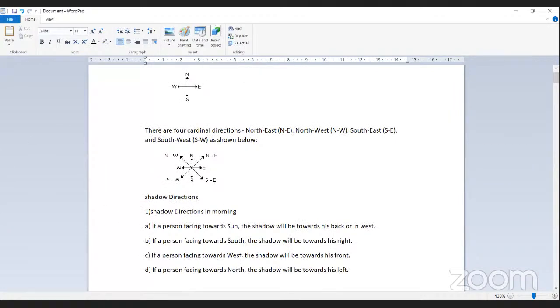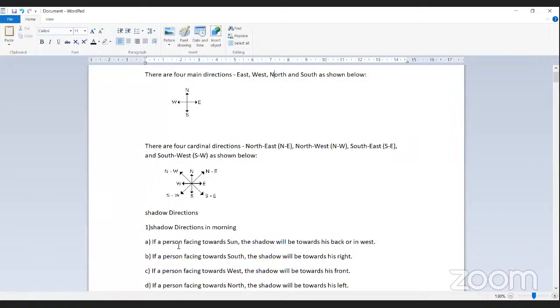Can you tell me from the first point? I didn't get it. The shadow you're asking, right? From the shadow. Okay.